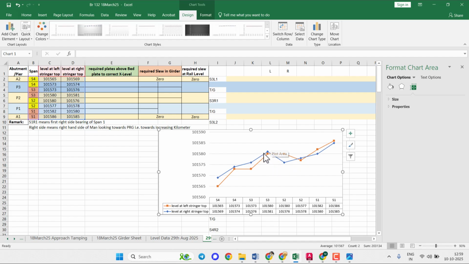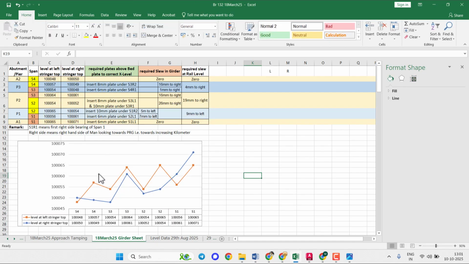These 4 are on pier 2. One of them is slightly down by approximately 4 mm. So this is for pier P1. Again, slight difference, and that difference is along the track, so that is totally acceptable. The one which is not acceptable is this one, but still it's only 4 mm. So kind of acceptable we can say. If we compare it to the previous one, it was like this.